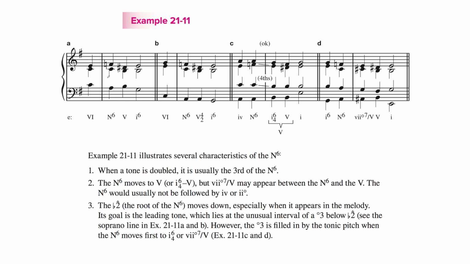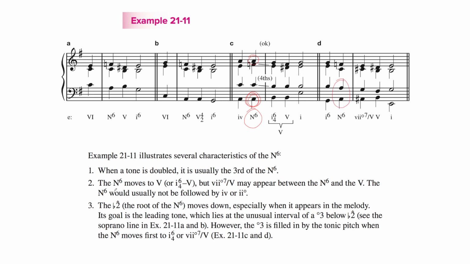We don't have to double any tone, but in four-part writing we have to double, and it is usually the third of the chord, which is in the bass in the usual usage in first inversion. You see, it is doubled between bass and soprano, and here it is doubled between bass and tenor.